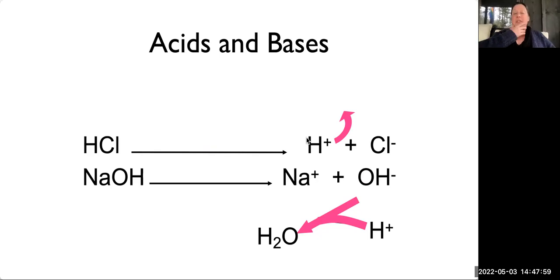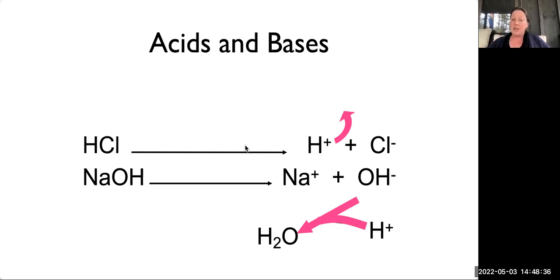Now, one of the things that you probably learned if you took chemistry is that acids are defined as proton donors, and bases are defined as proton acceptors. Now, if you're like college age version of me, that definition doesn't make a lot of sense. So let me show you what it means. If we take as an example hydrochloric acid, which is a very strong acid, and we put it in water, that's what this arrow is representing. So hydrochloric acid on its own doesn't do anything.